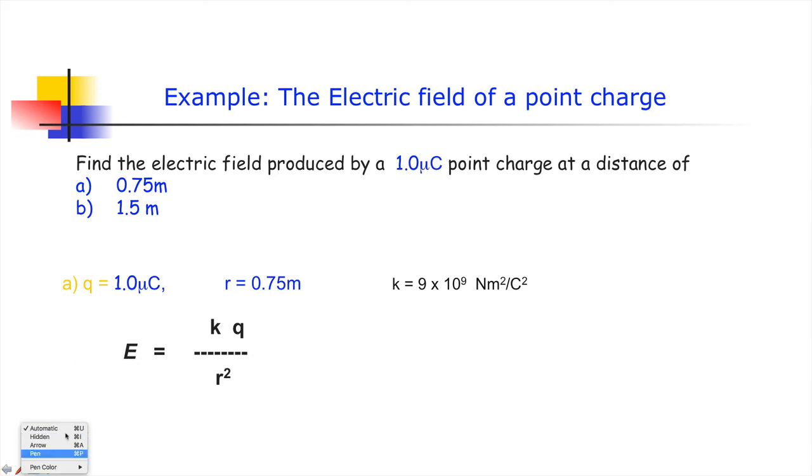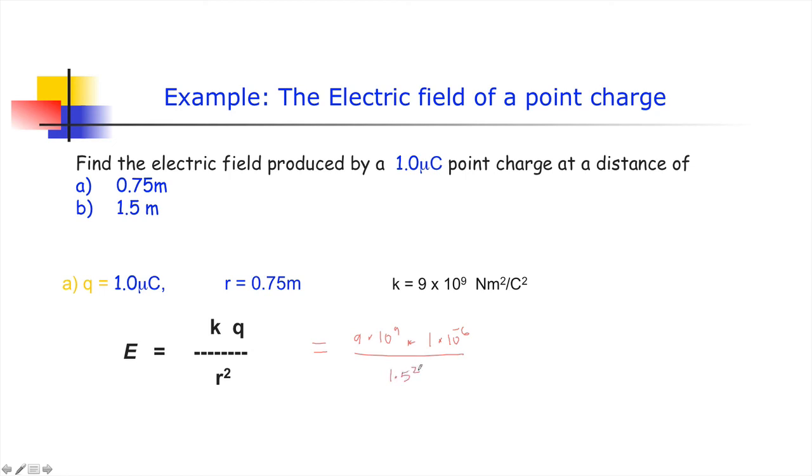When the distance between them is 1.5, you will apply the same approach. 9 times 10 to the power of 9 multiplied by the charge, 1 times 10 to the power of -6, divided by r squared, which is now 1.5 squared.